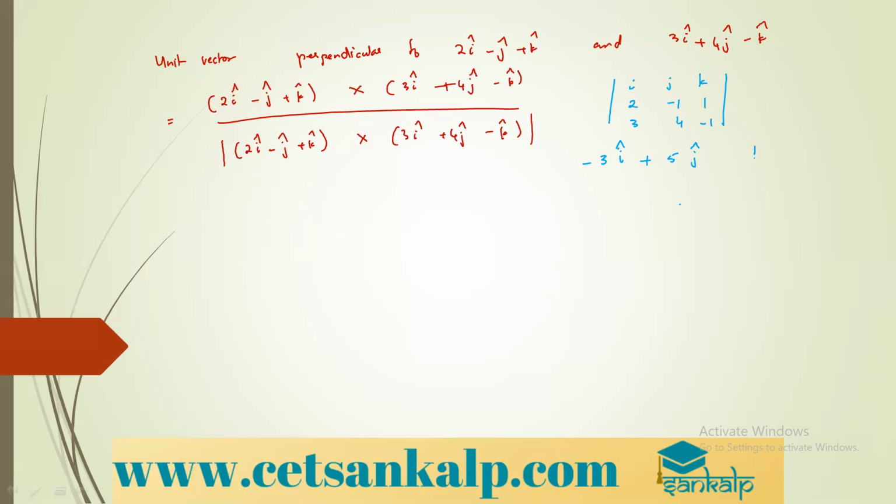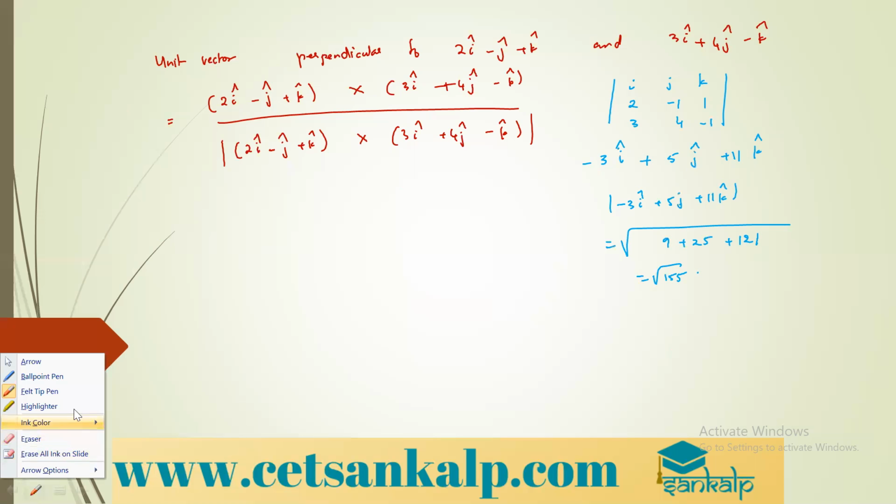And then vector k will be multiplied with 8 plus 3, that is 11. Then magnitude of this, minus 3i plus 5j plus 11k, can be written as root of 9 plus 25 plus 121, that is root of 155.